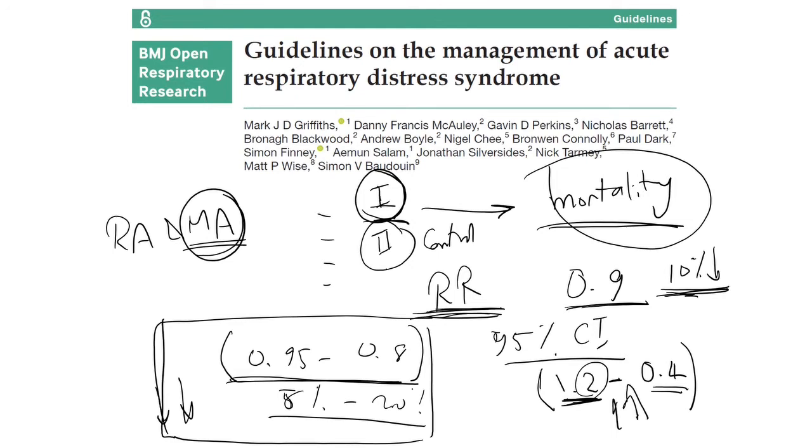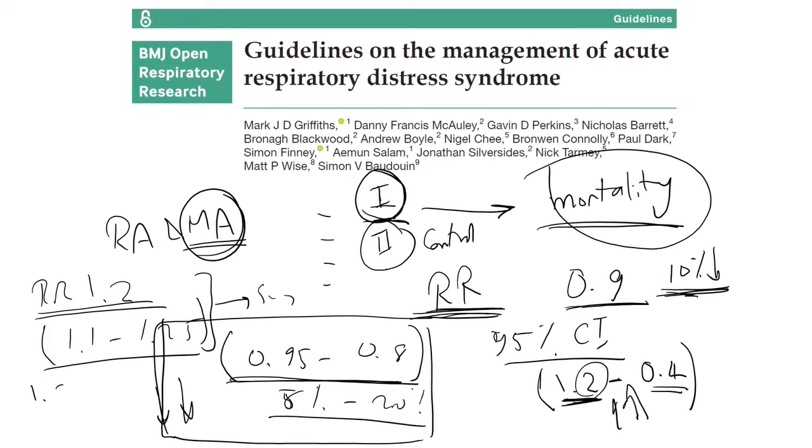On the other hand, if I have an intervention resulting in a mean relative risk of 1.2 with a confidence interval of 1.1 to 1.25, this is significantly increasing the outcome, which could be mortality, could be other outcomes, could be a beneficial outcome, could be a survival outcome, and this would be a benefit. By the end, this is a significant change. But if the relative risk is 1.2 with a confidence interval of 0.9 to 1.25, this is not a significant difference.